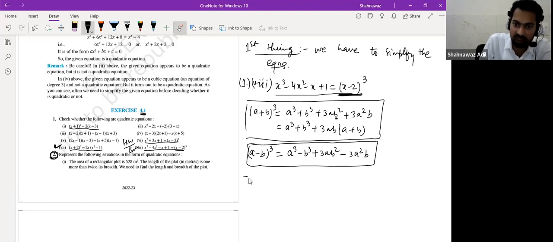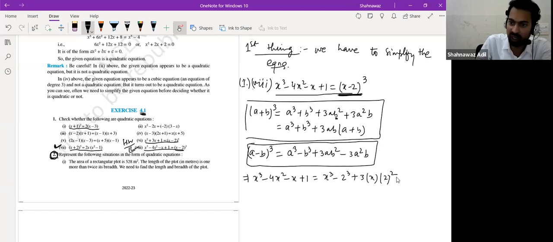So again, use this identity in here. So this would be how much? x cube minus 4x square minus x plus 1 is equal to x cube minus 2 cube, plus 3 times a is x, b is minus 2 square, right?